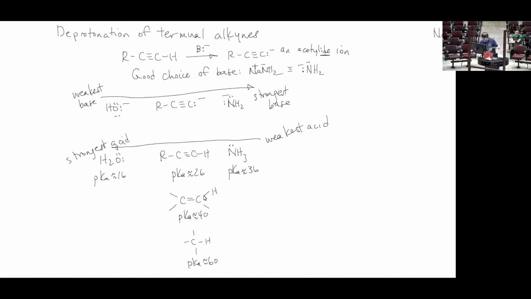So all that being said, let's go back to comparing our hydrocarbons and the pKa's of those three types of hydrogens here. And it's all going to come down to the hybridization of the carbon to which that hydrogen is attached.